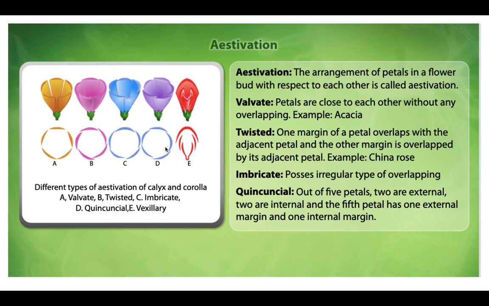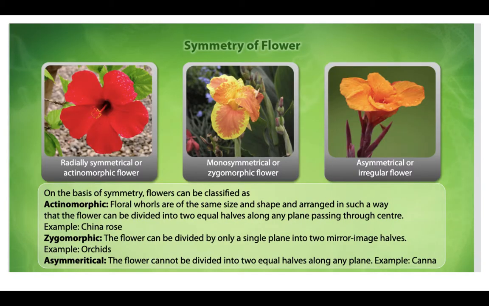And this E type of estivation is vexillary type of estivation, which is seen in pea plant or Leguminosae family.